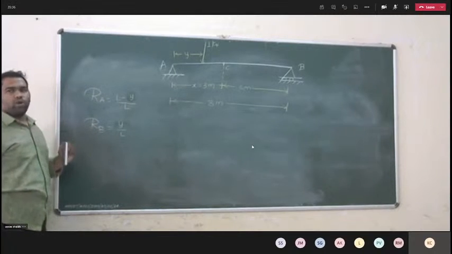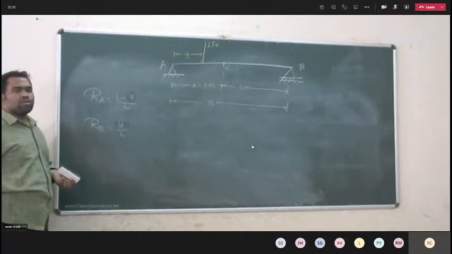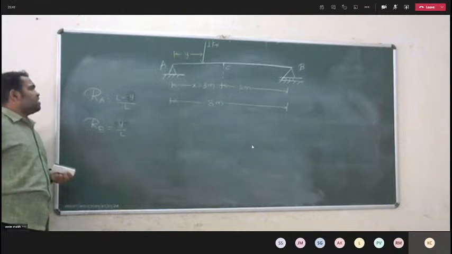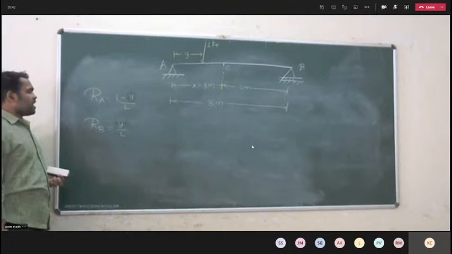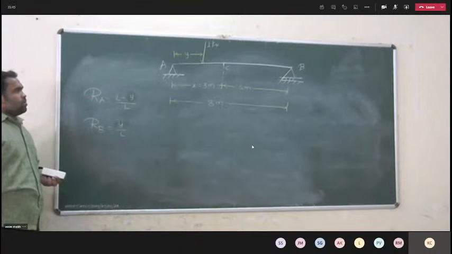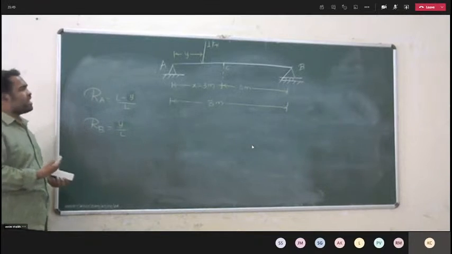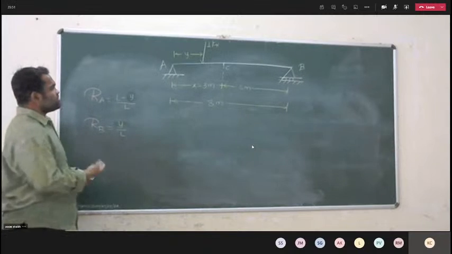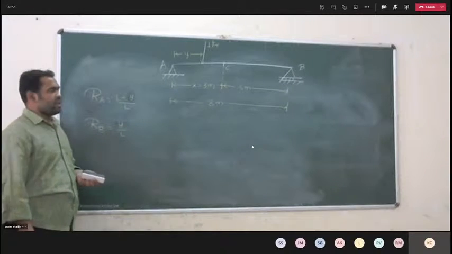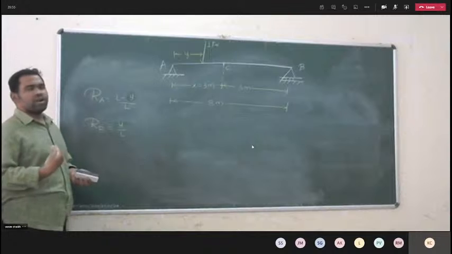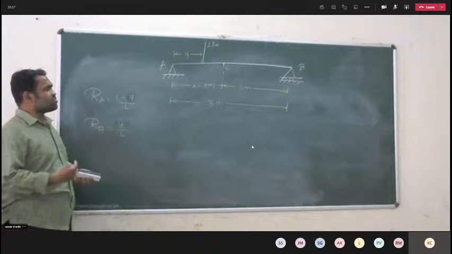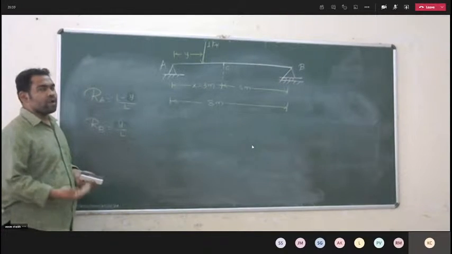So now what we have to do? We have to find out the ordinates of these reactions RA and RB. Ordinate is nothing but the value when we place the 1 kN load at a distance. So what is the ordinate of reaction RA when we put the 1 kN unit load at a distance 1 meter from the left support?